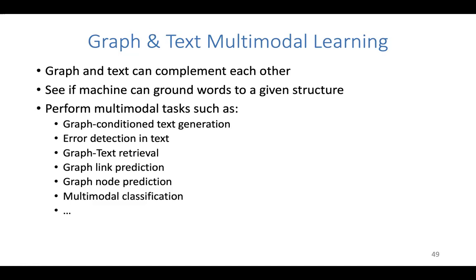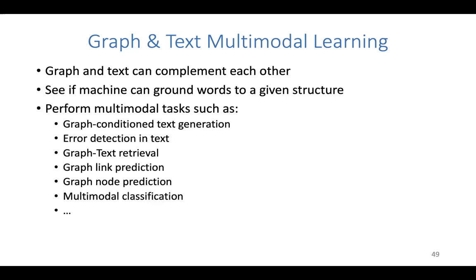So it means that the structure is already given. We tell the model that there is a certain structure with multiple nodes, edges, and hierarchy, and that structure has something to do with the given text, and that's all we are going to give to the model.